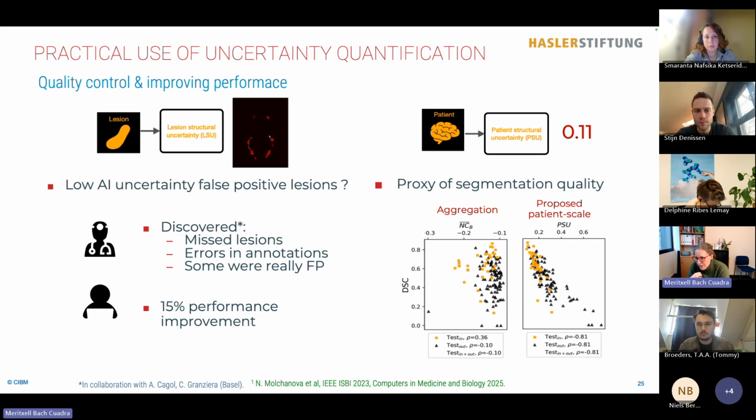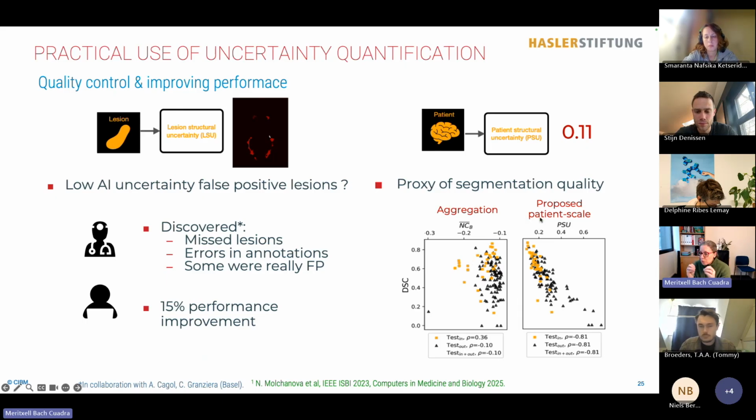And this is what I'm trying to show you here. What the paper shows very nicely is that when you use a simple aggregation of uncertainty at the voxel scale and correlate it with the ground truth mask that we had for the experiment, you don't see much.